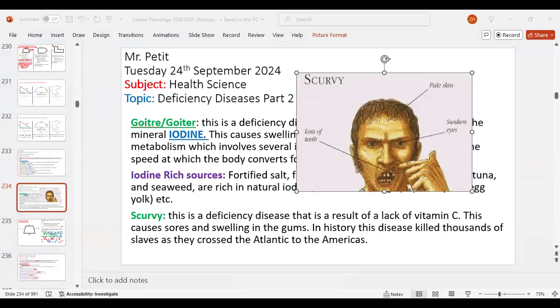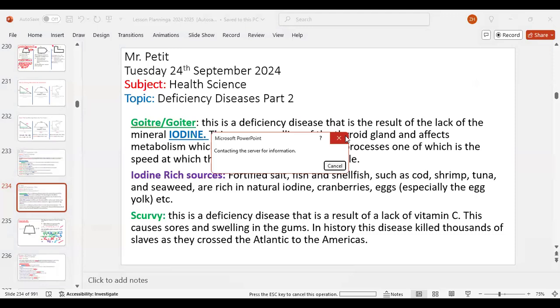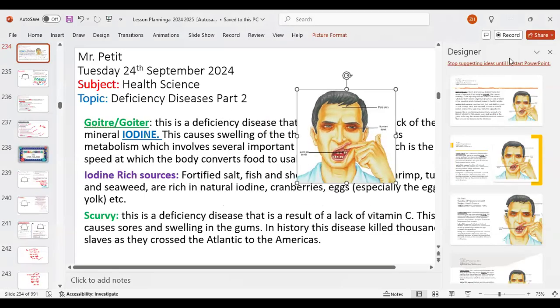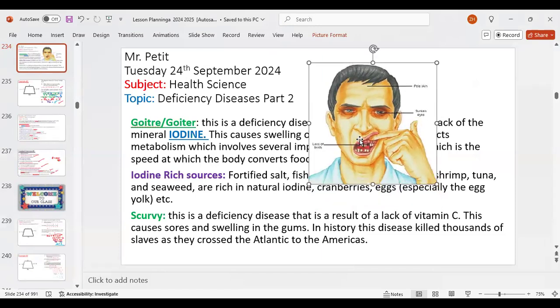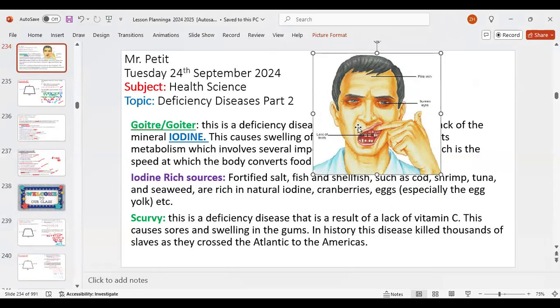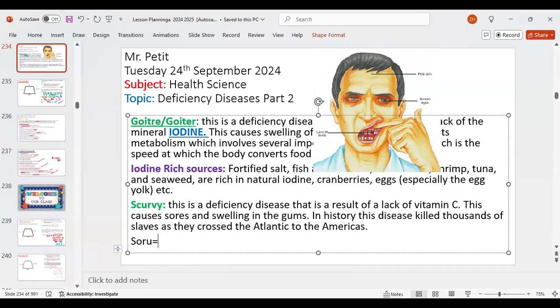This is another picture of it, whereby you can see the yellow color too. This is also the same thing, scurvy: pale skin, sunken eyes, loss of teeth. So you look weird, right? This is not a good sight, right? No, sir.